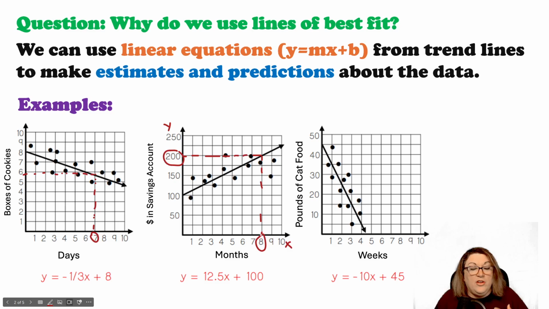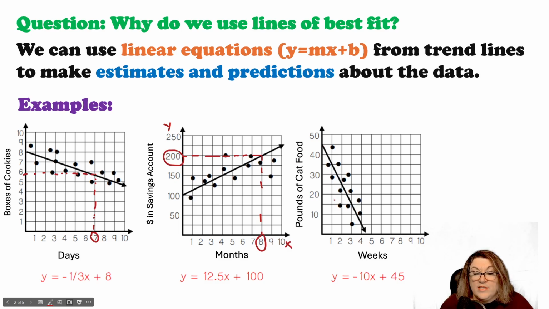So again, you can make predictions starting from the y and going to the x. Sorry, estimates, not predictions. Well, both really. And then you can also make predictions starting from the x-axis and going to the y-axis. And here's another one. We've got pounds of cat food, and it's a negative correlation here instead of a positive.